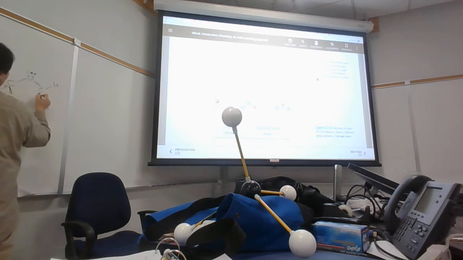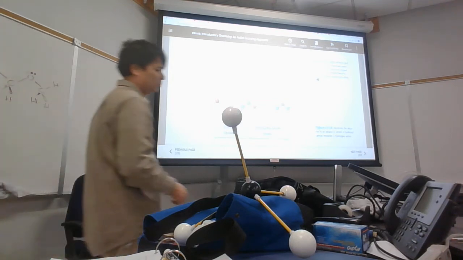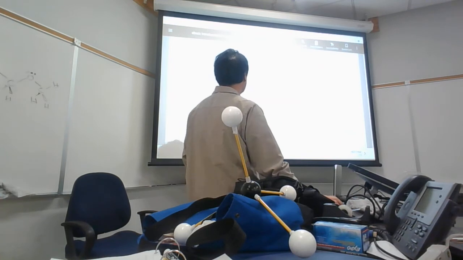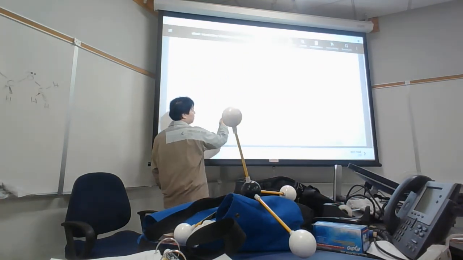Okay, so ethers are going to be a C-O-C linkage. Alcohols are going to be a C-O-H linkage, like this. So methanol is this, it's a one carbon alcohol.